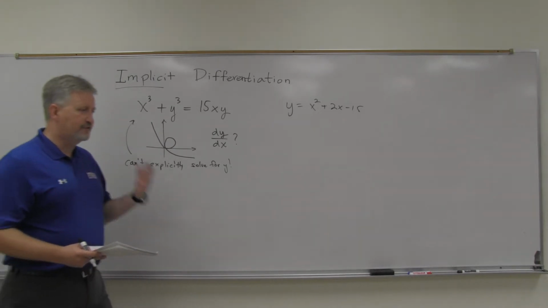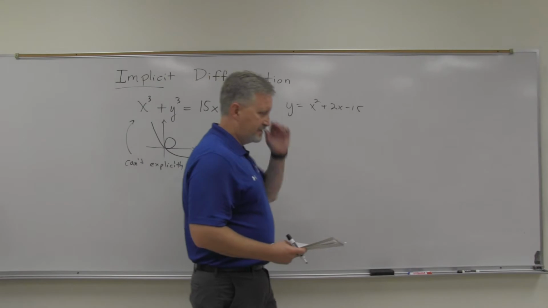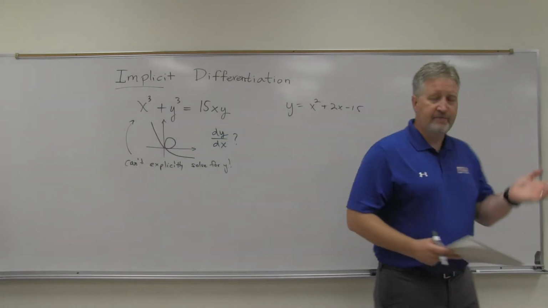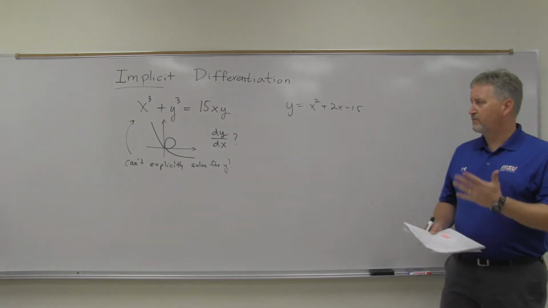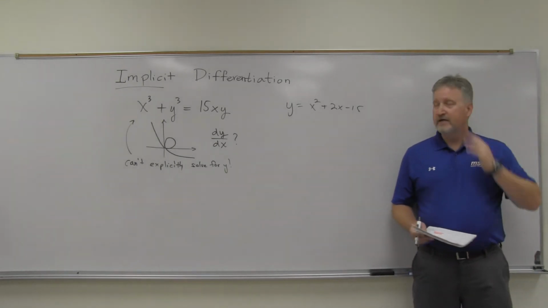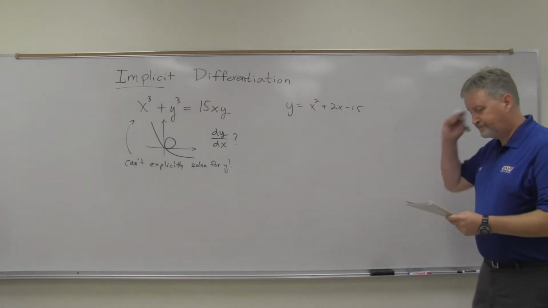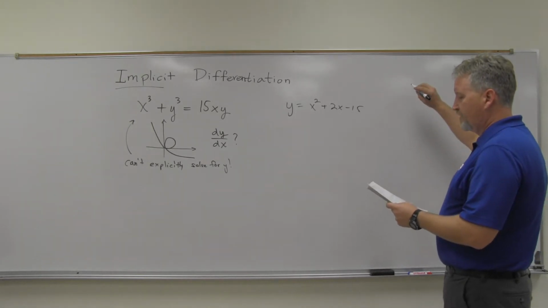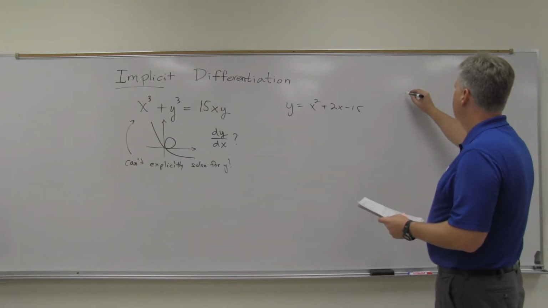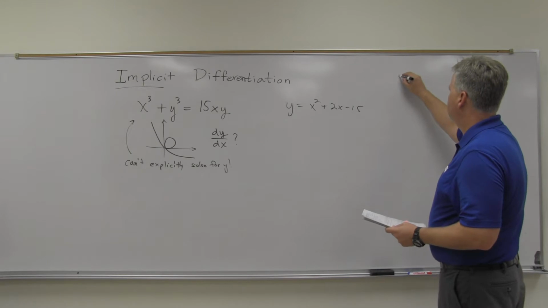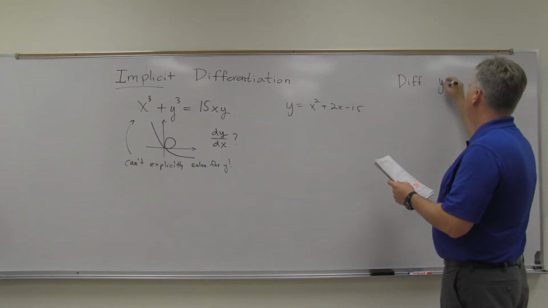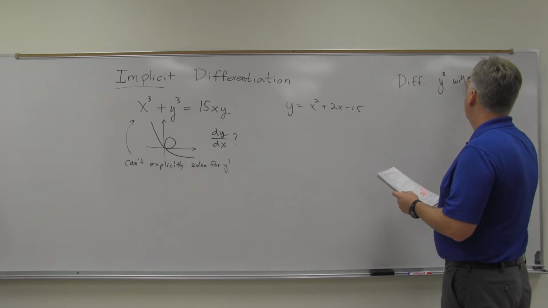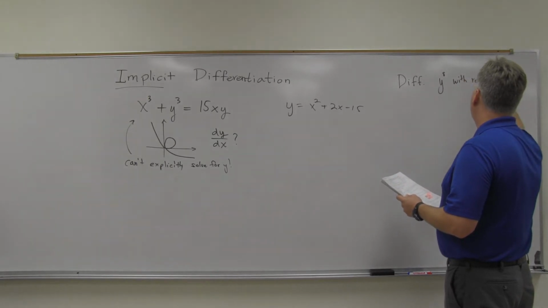Now, to get to that, let's take it kind of a step-by-step process. So we're not going to be able to solve explicitly for y over there, to find the dy over dx, the y prime, whatever you want to call it. But let's start with this. Let's think about, if I said differentiate y to the 8th with respect to x.